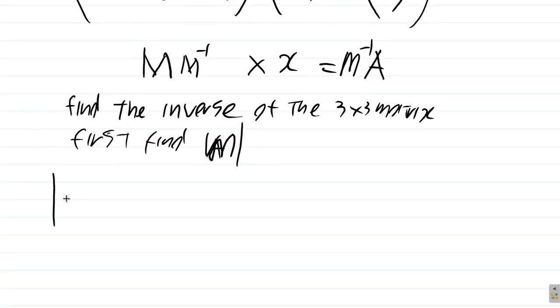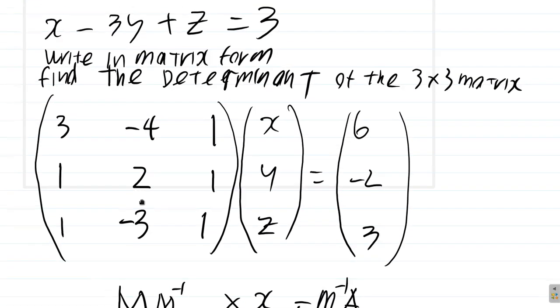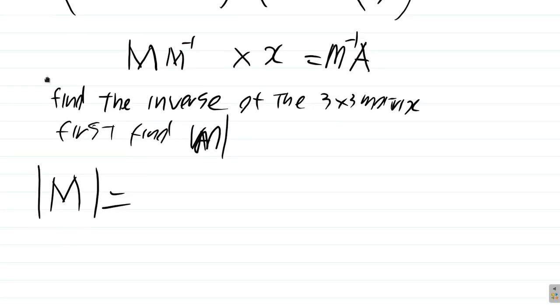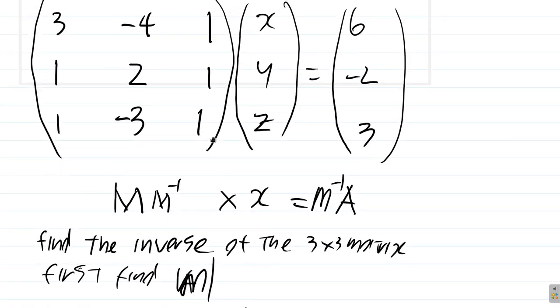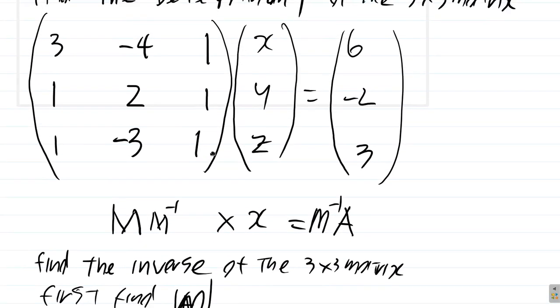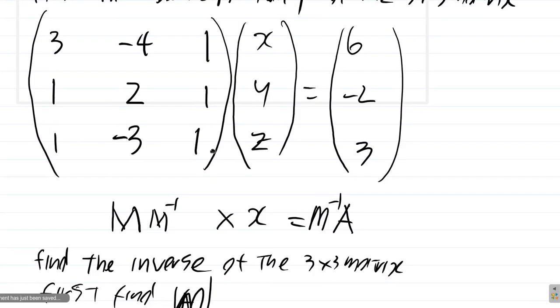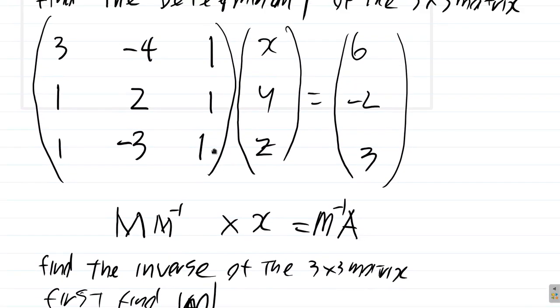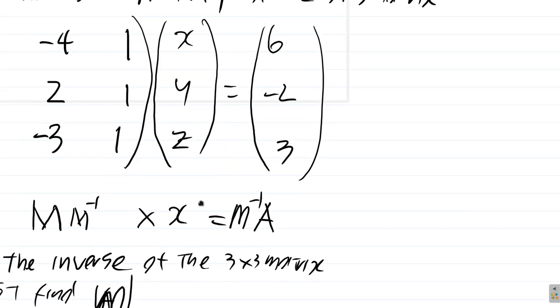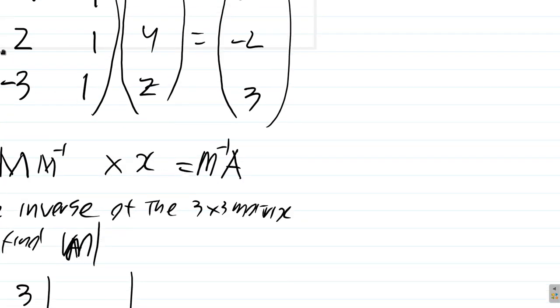Now, the determinant of that matrix is, let me just expand across the first row. It's going to be 3 times the elements you see when you cover up the row and column with 3. And you have negative 4. But remember the place signs at the same time.